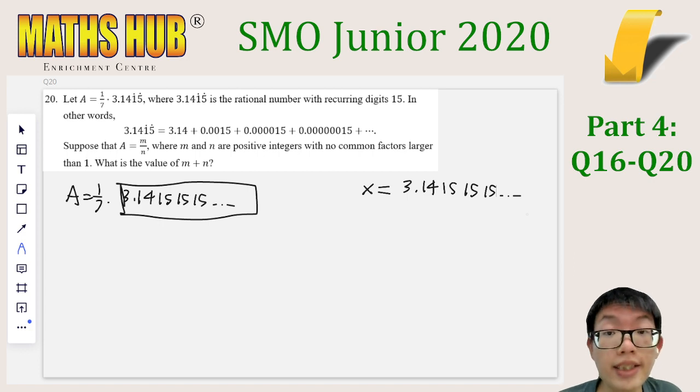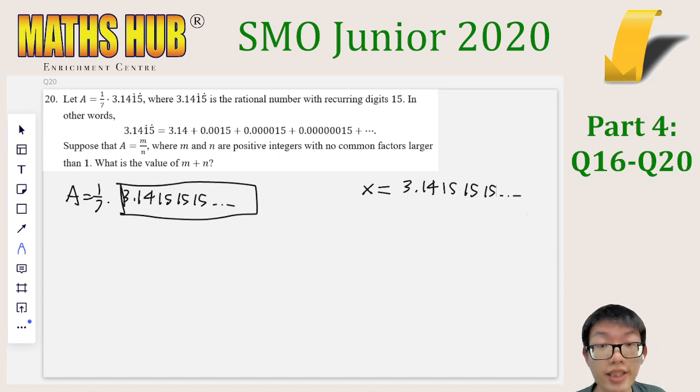Now, to be fair, this is technically a geometric series, and so recurring decimals are just special cases of geometric series. However, for the SMO Junior, understanding geometric series in general is not required, so we just need to understand it for this specific example. So what we do for recurring decimals is you look at the length of the repeating unit. In this case, the repeating unit is 15, so it has length 2. So then you want to shift the decimal point by 2 steps.